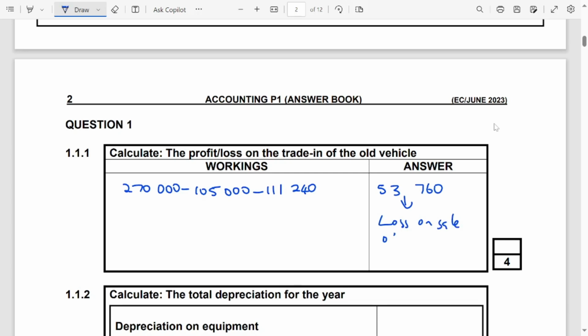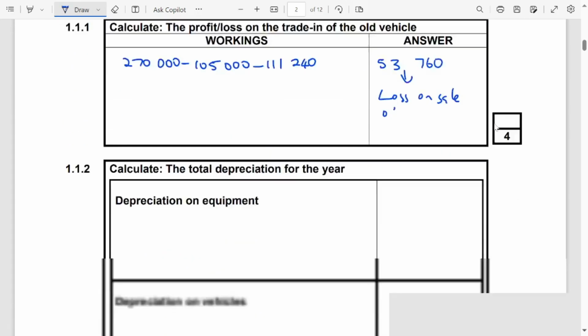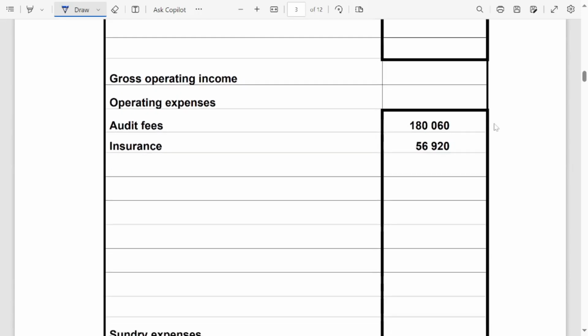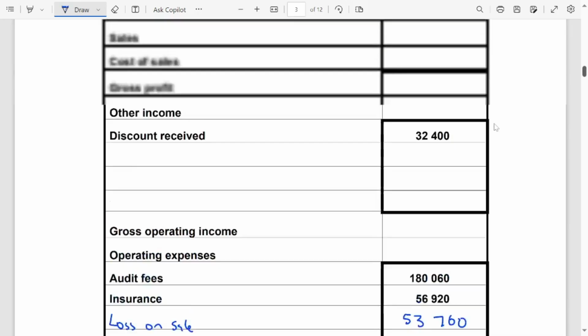So this is an expense which must go to the income statement under expenses. Loss on sale of the fixed asset, 53,760. Right?